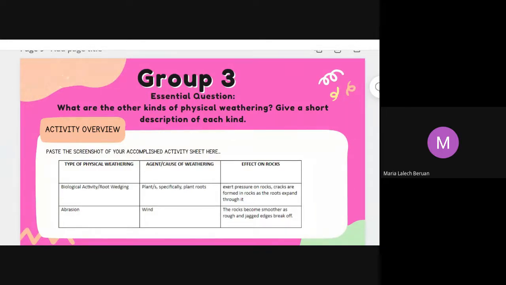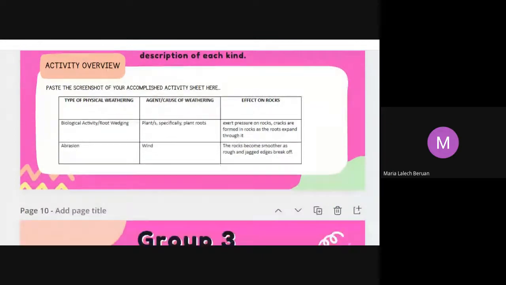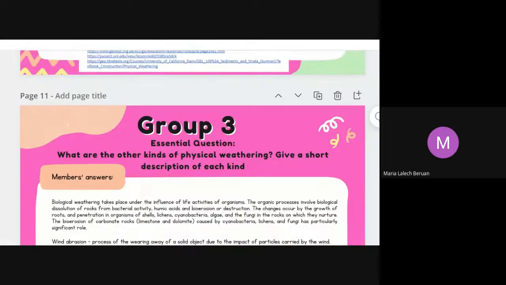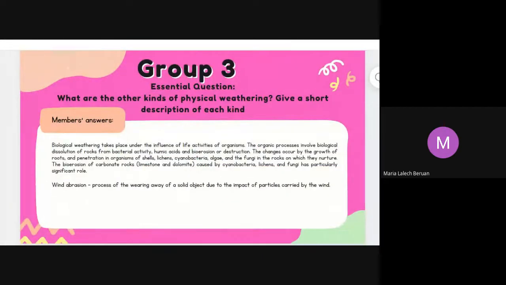Another type of physical weathering is abrasion, and the agent or cause of weathering is wind, and the effect on rocks is that the rocks become smoother as rough and jagged edges break off. For the guide question, the definition of biological weathering is that it takes place under the influence of the activities of organisms.